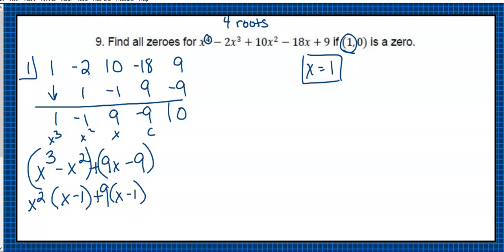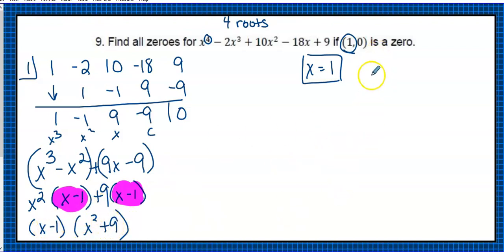And so if you remember, what we did was we just made sure that this and this matched, and we said, okay, we can take that out. That's the greatest common factor. So that is one of the factors. There we go. So one of the factors is x minus 1, and the other one is x squared plus 9. I can set this up equal to 0 and find my other 2.